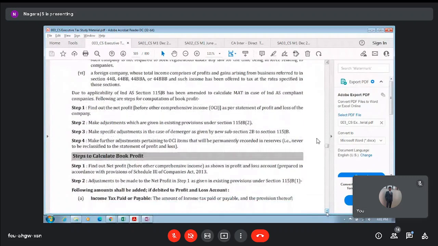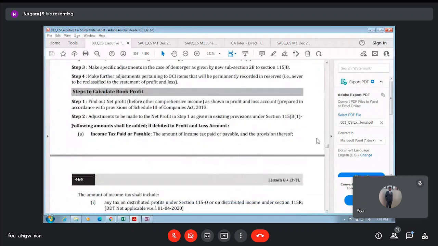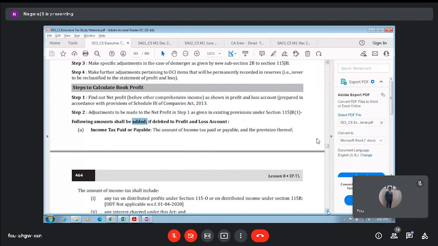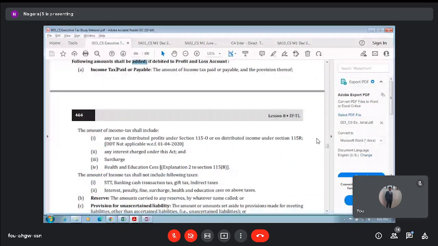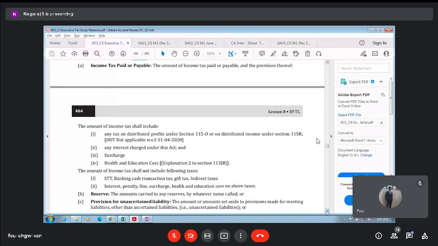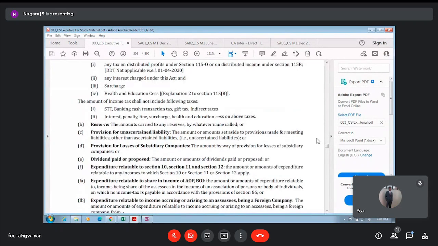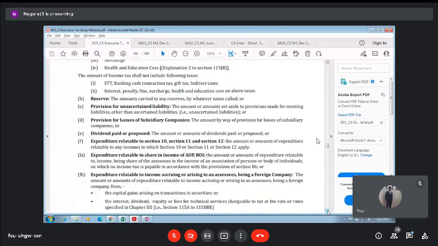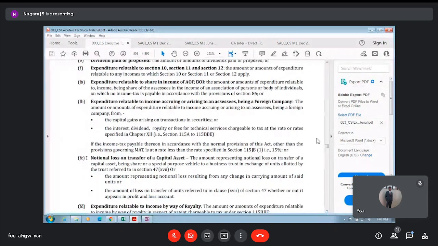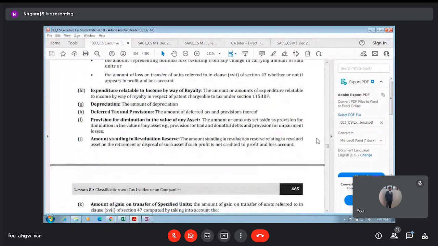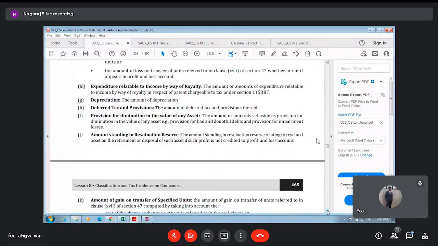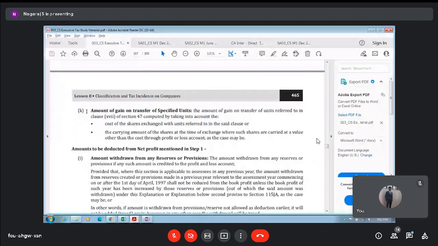I will show you. These items shall be added if debited, they have told. There are so many items. In A, income tax, there are so many. B, C, D, E, F, FA, FB, FC, FD, G, H, I, J, K. How many are there?